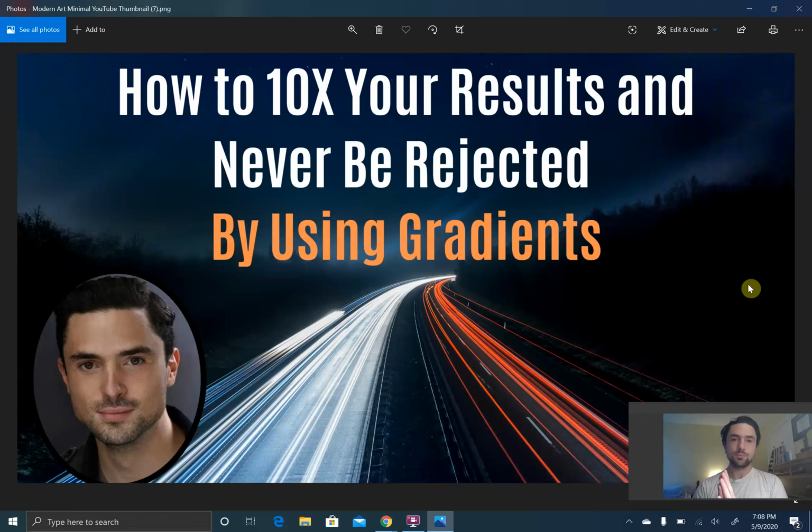So the issue that people have is that they don't understand gradients. And for a lot of you guys looking at this video, you're like, what the heck is a gradient? So what I mean is that an example of not using gradients is coming up to somebody on Facebook, sending them a message, and basically immediately trying to get them to join a network marketing company.